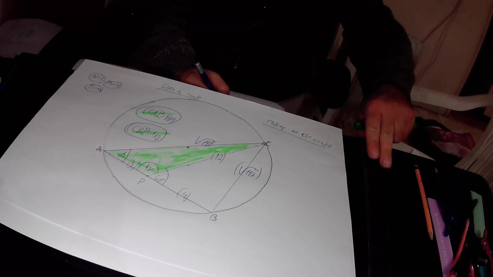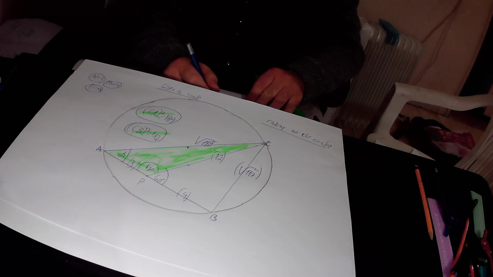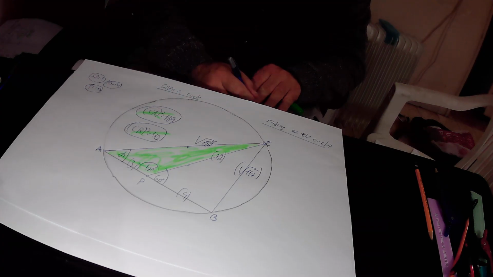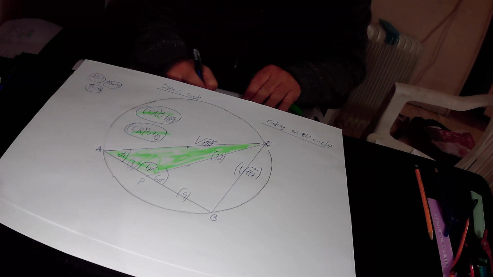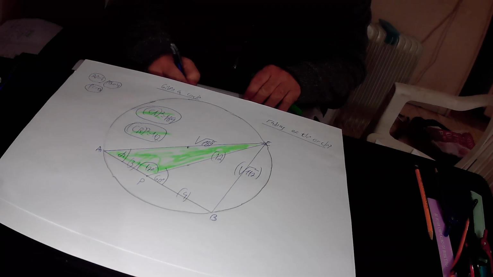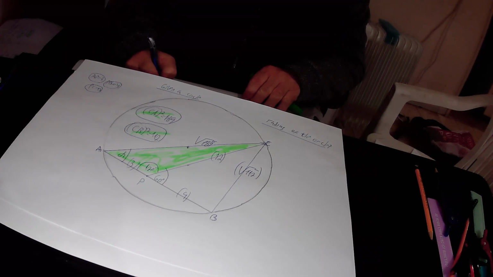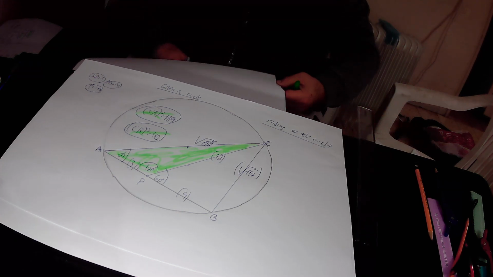And we get that in triangle ABC, according to the law of cosines, the following equation is true.